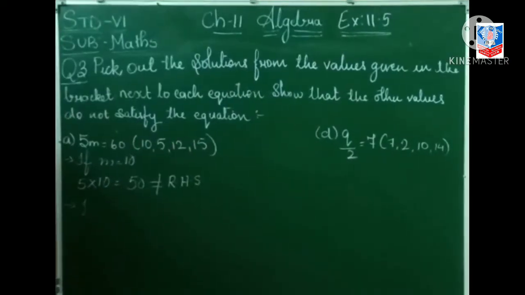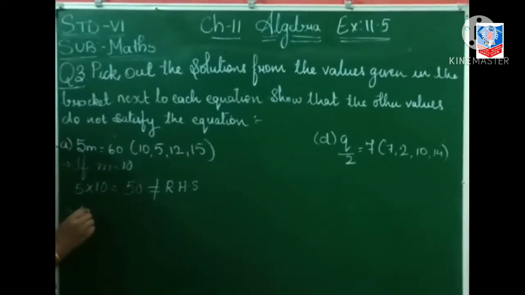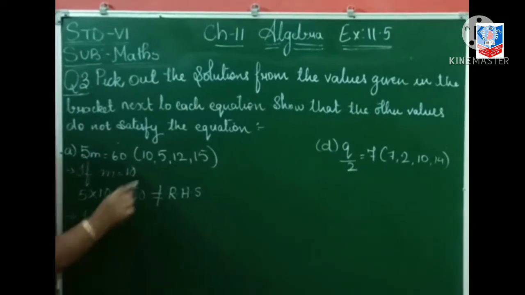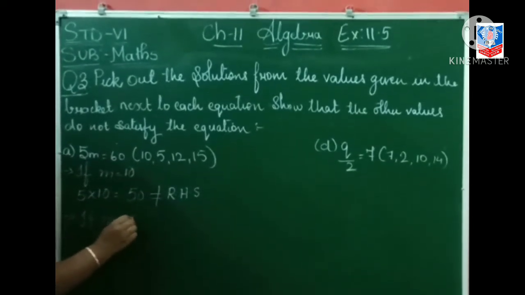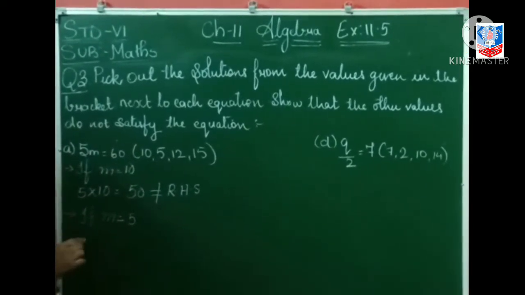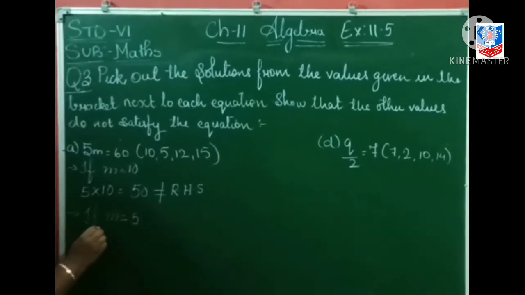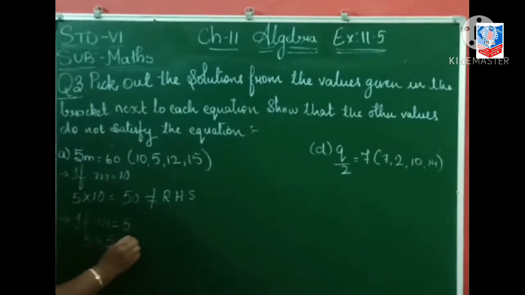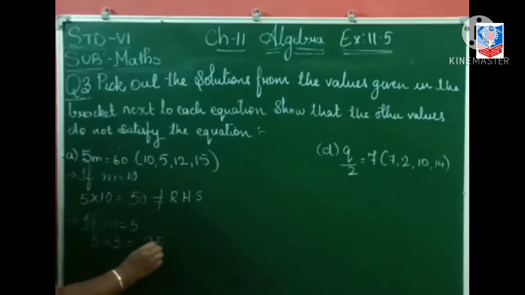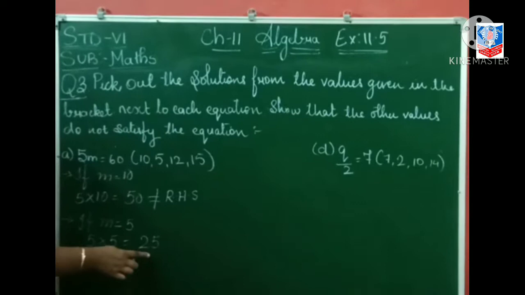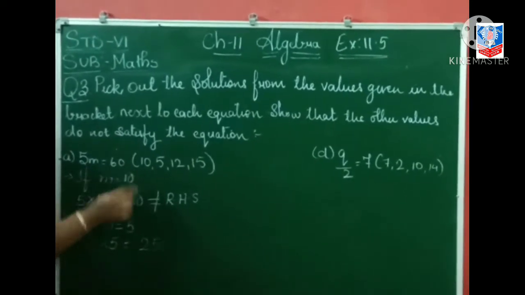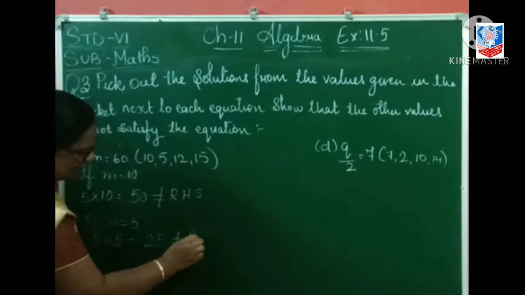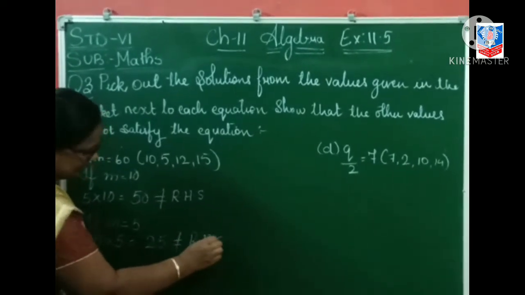Understood? Next, if the value of m is 5, then 5 into 5 is equal to 25. Left hand side is 25 and right hand side is 60. That means left hand side is not equal to right hand side.